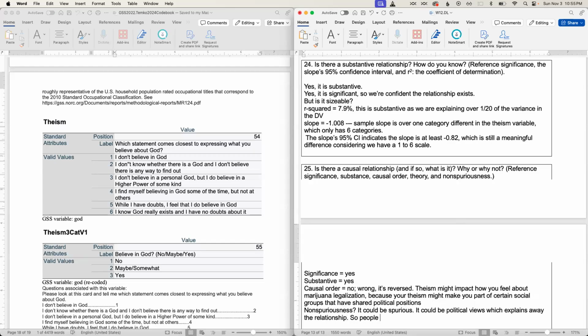So people who are more, let's say, liberal, are more likely to both support marijuana legalization and be less theistic. Whereas people who are more conservative are likely to be less supportive of marijuana legalization and more theistic. And so it could be that political views come before both of these, and it's explaining it away.